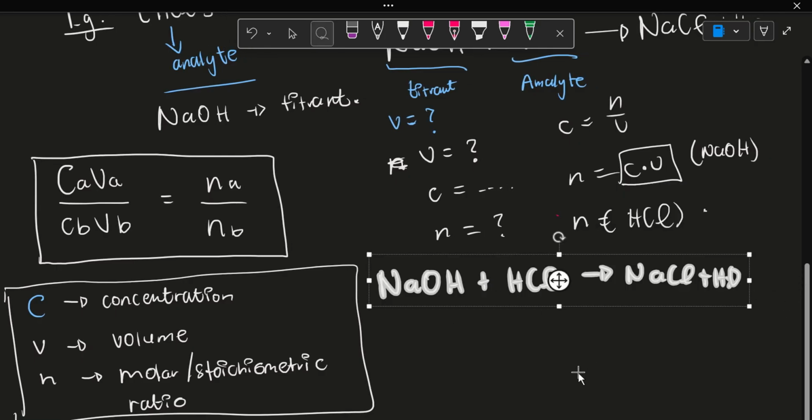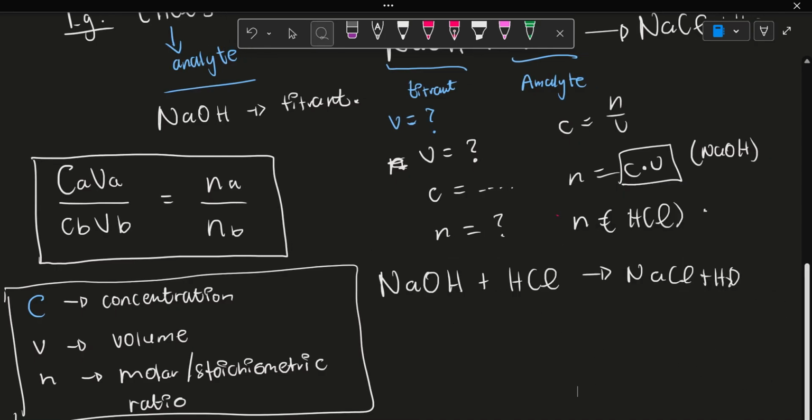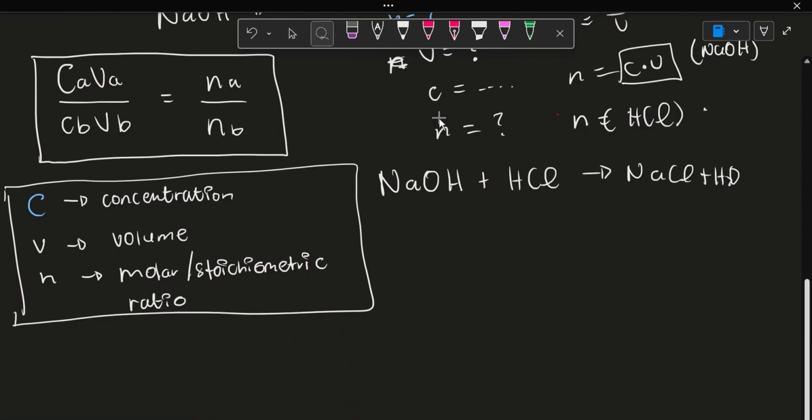If I had to use this equation in this particular example, it really does not matter whether you choose your A as sodium hydroxide or hydrochloric acid. What am I saying?